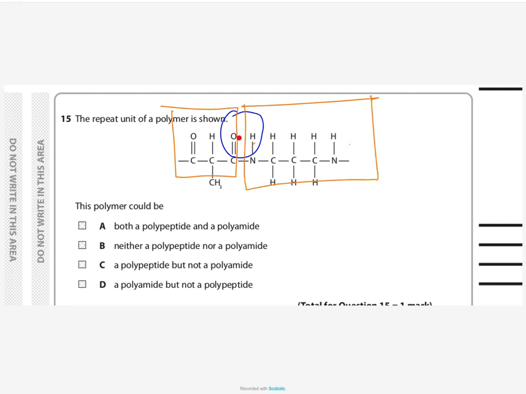Diamine and dicarboxylic acid. It's a polyamide. Read the answer: both polypeptide and polyamide.